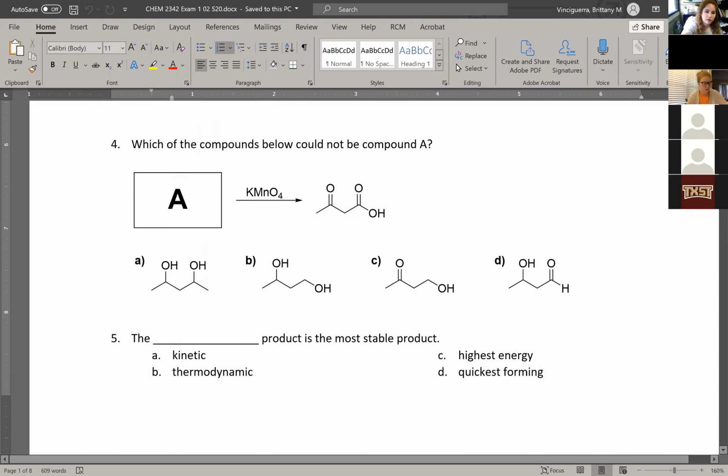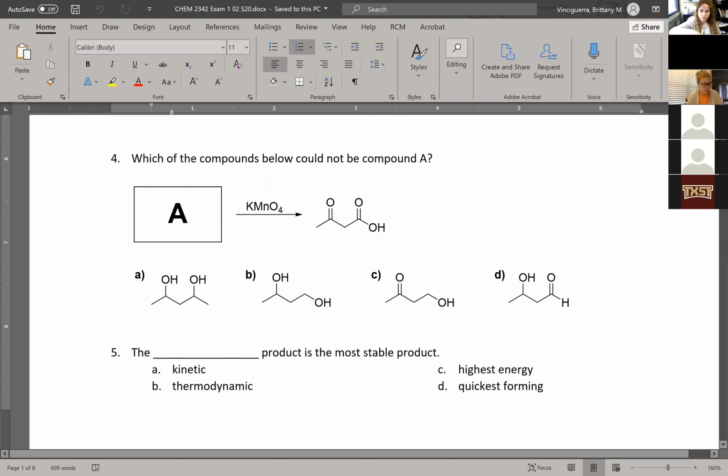Okay, so I want to go through this problem with you guys. We're going to do a couple things with this. First of all, we're going to talk about how the chemistry works, but I also want to talk about taking a multiple choice exam in a smart way, because there are ways to get through a multiple choice exam, I guess cleverly is the word I'm going to use.